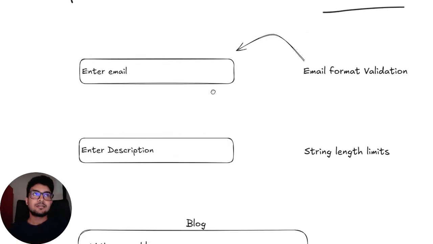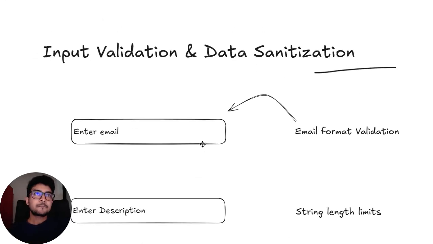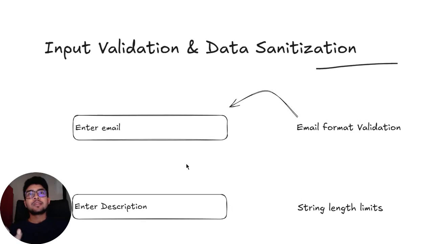Let's take this for example. Take this situation where you are interacting with a website and they ask you to subscribe and you need to enter your email. If you have not implemented email format validation, you can enter basically anything. The same goes for a description, right?